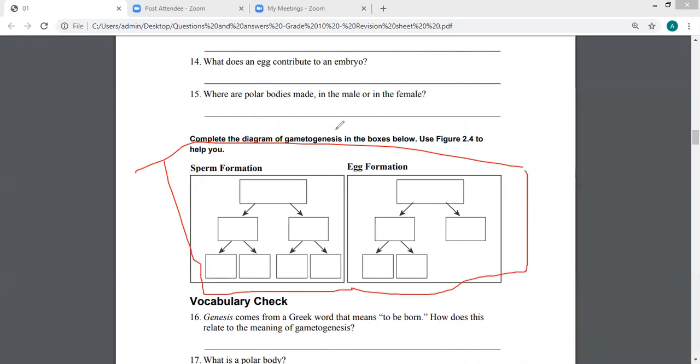Okay, before number 15, to understand number 15, this diagram shows gametogenesis, and we know the meaning of gametogenesis. Gametogenesis is the formation of gametes. The first, sperm. Second, egg.